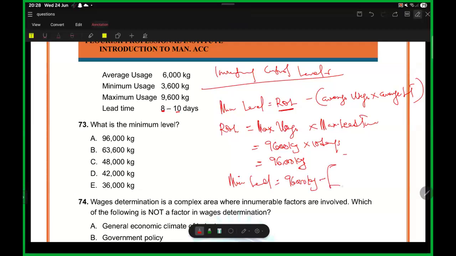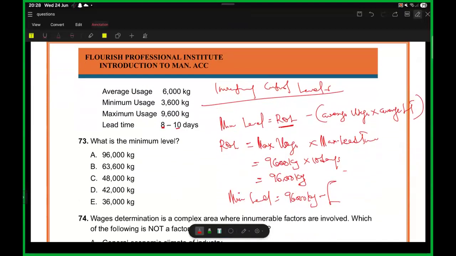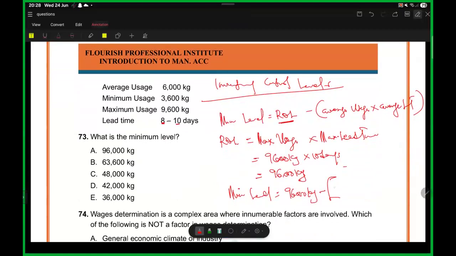Now, the minimum level is going to become the reorder level, which is 96,000 kg, minus average usage times average lead time. Average usage is 6,000 kg times average lead time, which is the minimum lead time plus the maximum lead time over 2. So 8 plus 10 over 2, 18 over 2, is 9 days.